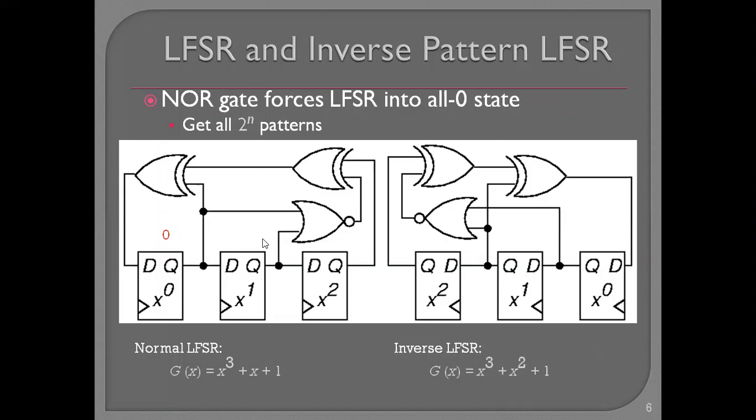Okay, let's see how. So I assume that initially all the flip-flops are in the 00 state. So when it is in the 00 state, my one input to this NOR gate is 0 and the second input, that is also coming as 0. So when both the inputs are 0, the output I am getting at the output of the NOR gate is 1.